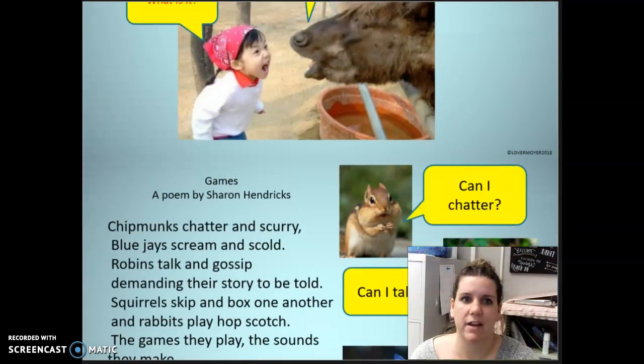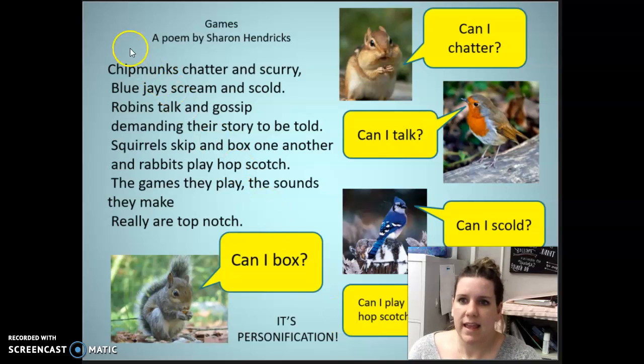So here we have some examples. It says chipmunks chatter and scurry. Can I chatter? Chipmunks might make a sound that sounds like chattering, but they don't chatter like chit-chat. Blue jays scream and scold. Again, blue jays don't scream and scold. Robins talk and gossip.